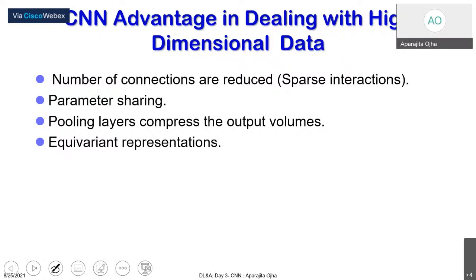Now, by equivariant, we mean they vary with equal proportion, right? So suppose you take the maximum value of the pixels of an image.